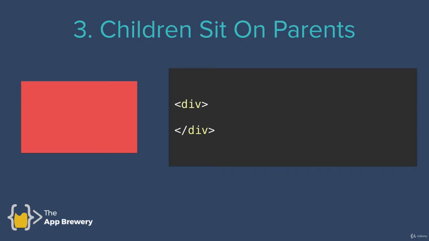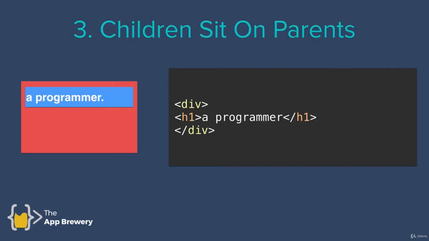The third thing we need to know is that children sit on top of parents. What do I mean by that? So here on the left, I've got a div that's colored in red. Now, if inside this div, I add an H1 with some text, then that H1 is going to be on top of the div. So it's more towards the viewer and away from the screen. So this kind of introduces the concept of the Z index.